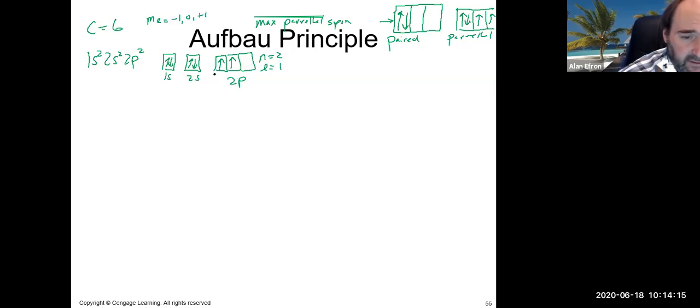In this particular case, it is 0. So the M sub L here is 0. Also important, because of the way it goes in, we see that it's pointing upwards, which means that the spin of that electron is +1/2 in this particular case. Any questions on that there?